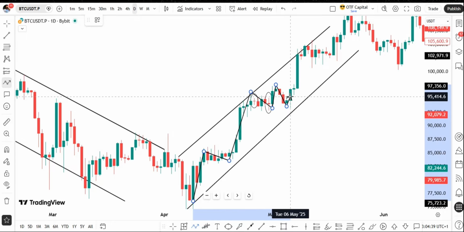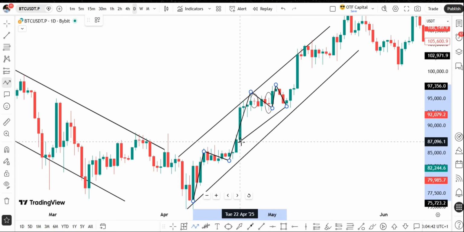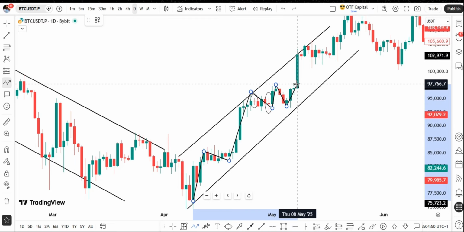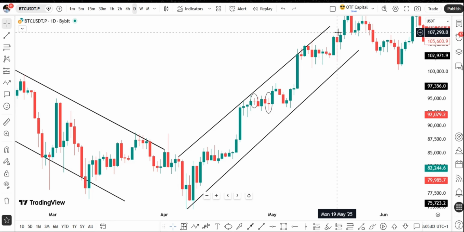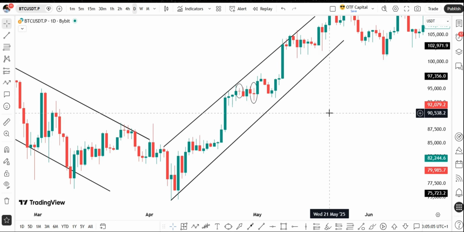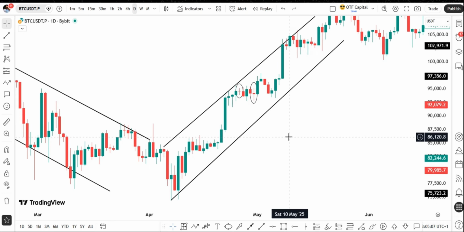I just want you to pay attention: whenever we have large bullish candles in an uptrend, this should boost your confidence to trust your setup the more and continue riding with the price to the upside. Do you understand? This is just how to know when to trust your setup in a bullish uptrend.